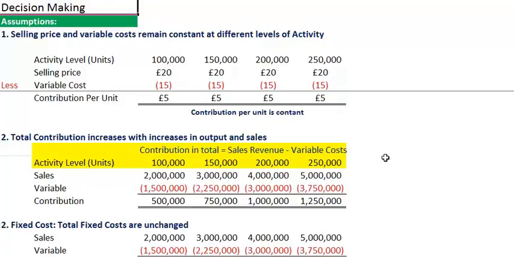Selling price is 20 pounds per unit, variable cost is 15 pounds per unit. Selling price and variable cost per unit are the same at different levels of activity. Contribution per unit is selling price per unit minus variable cost per unit. When you deduct 15 pounds variable cost from selling price of 20 pounds per unit, you get contribution of 5 pounds per unit.